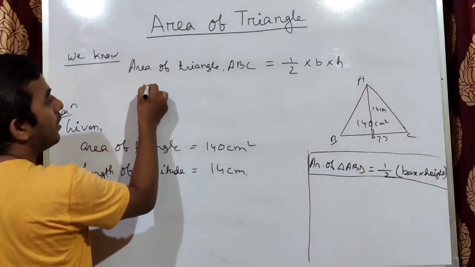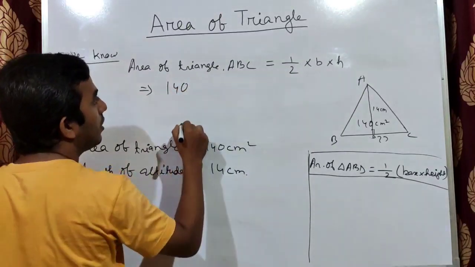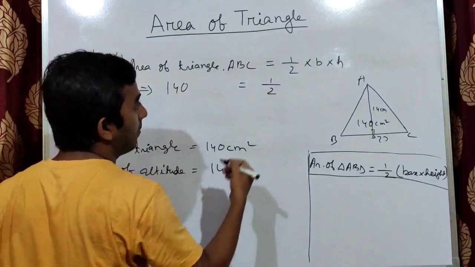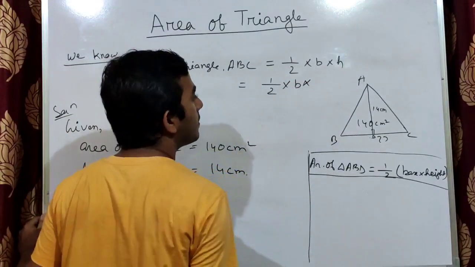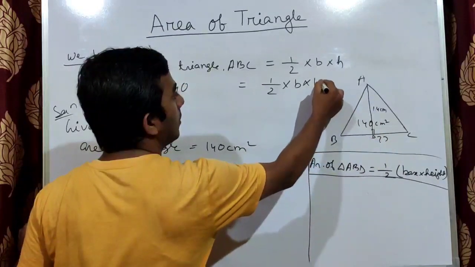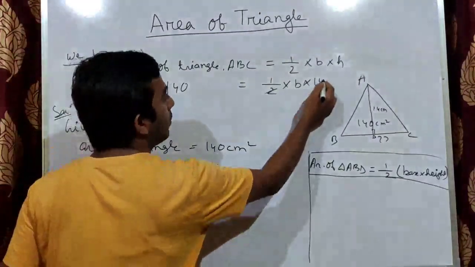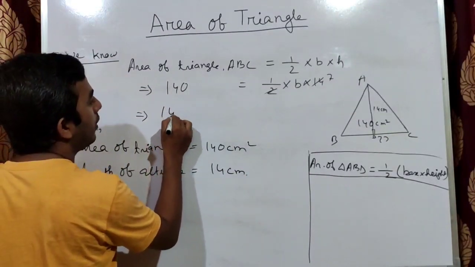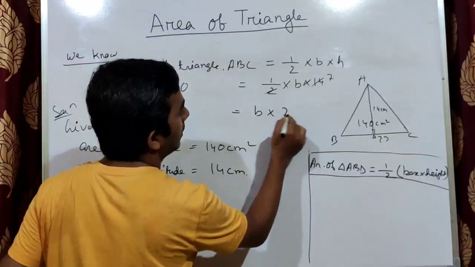So our area of triangle is 140, so we will replace it with 140. Then half, then our base, which we have to find, and our height is 14 centimeter. Clear? Now we can cancel 2 with 14, it will be 7. So our next line will be 140 equals base B into 7. Clear?